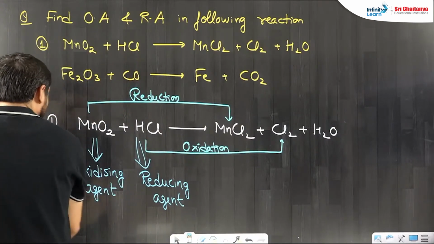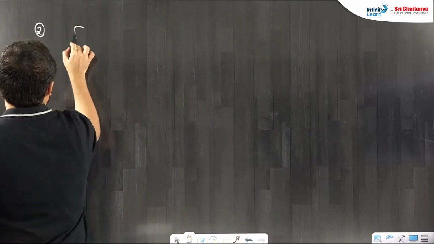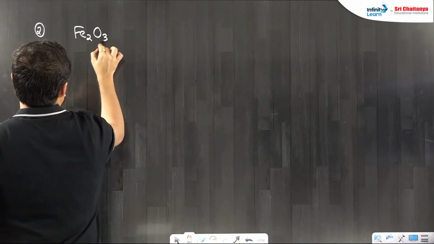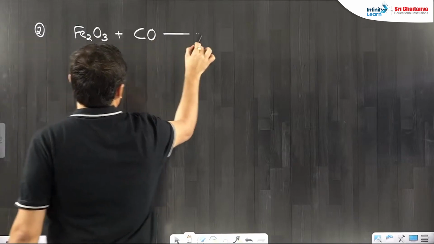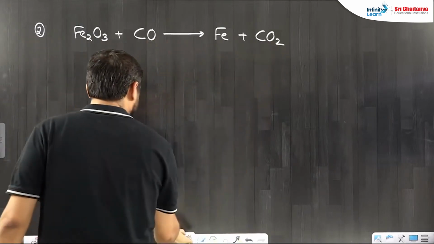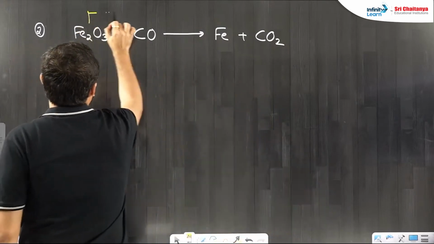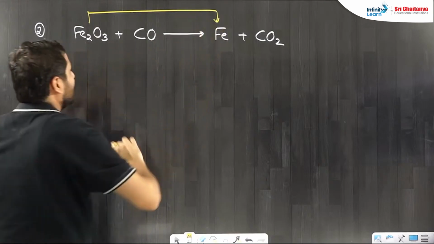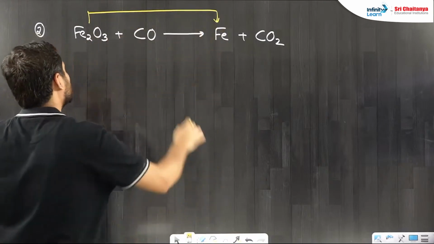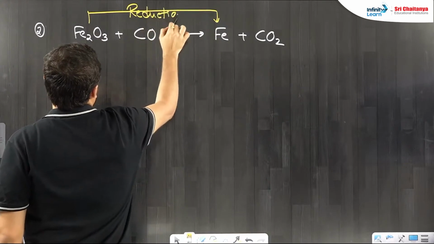Now if I take second example, it is Fe2O3 plus CO giving Fe plus CO2. So let us take Fe2O3 is converted to Fe. Removal of oxygen is called as which process? Reduction process.